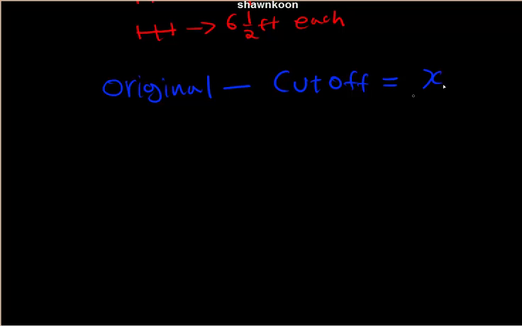The x, which is the leftovers, right? And that's what we're finding, so that's good. So the original was 50 feet, and the cutoff length we don't know yet, so we have to calculate that.